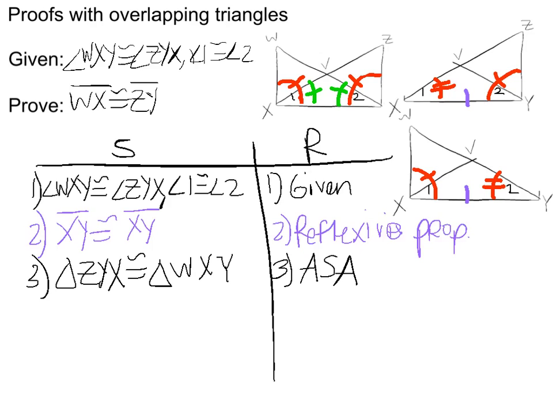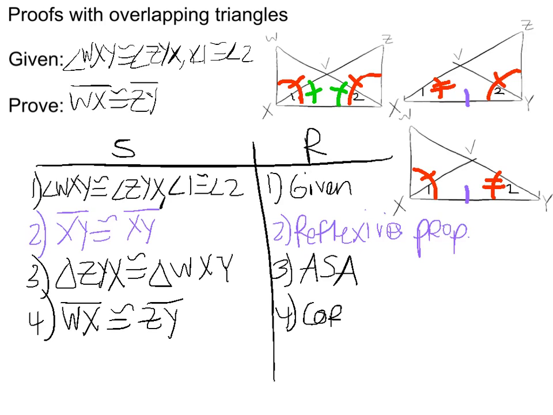Now the last thing they asked us to do is to prove that WX is congruent to ZY, and WX and ZY are corresponding parts of congruent triangles. So guess what? WX is congruent to ZY. Why?